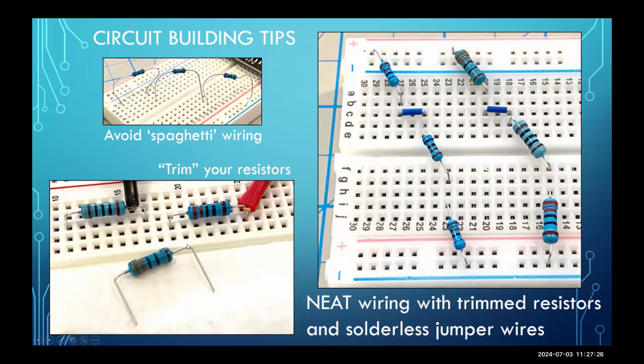The trimming is roughly just barely half an inch. It's really about 11.5 millimeters. But if you cut it to half an inch, that'll work out just fine.